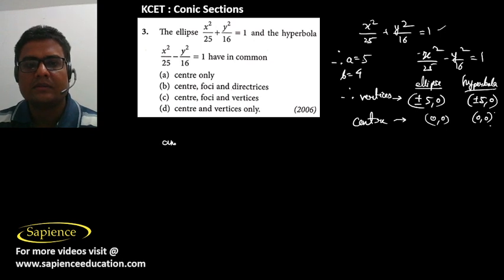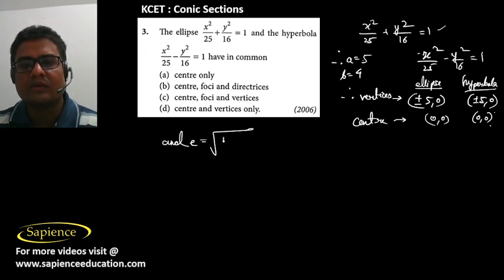And here the eccentricity for the ellipse, say it is e1, will be equal to the square root of 1 minus b square by a square, so that is the square root of 1 minus 16 by 25, which is the square root of 9 by 25, which is 3 by 5.